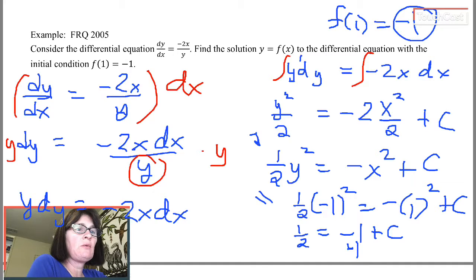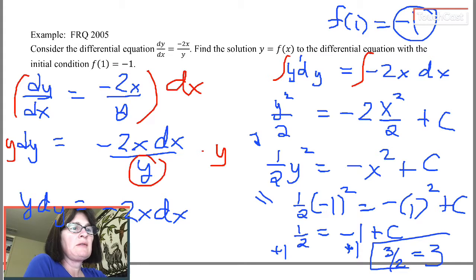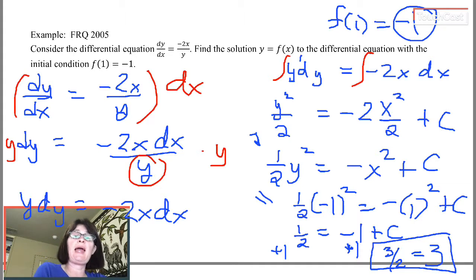That was me adding 1, and I get that 3/2 equals c. Just to keep track, if this were the AP test, this might show up as a free response question. Separating the variables, so getting to this stage, is worth 1 point.